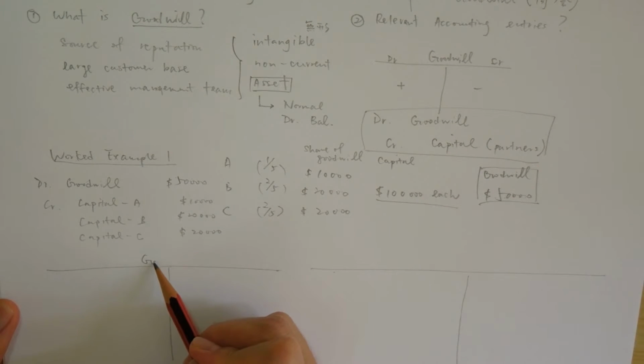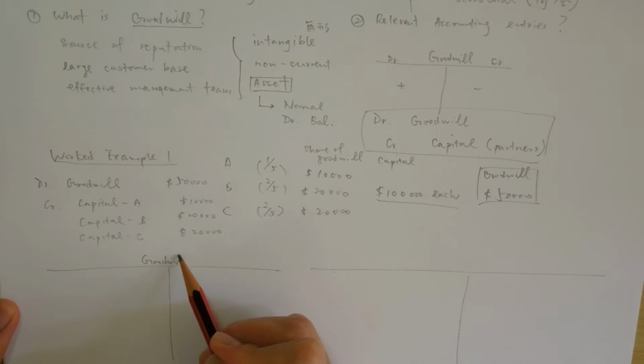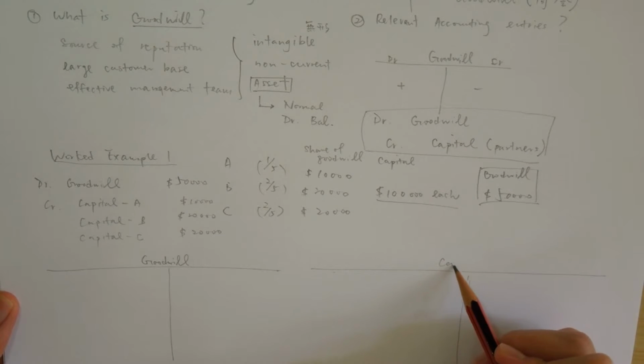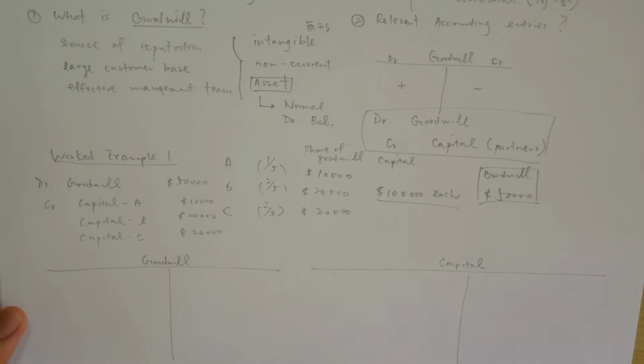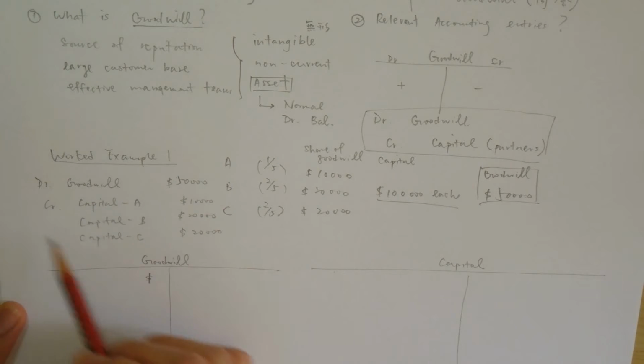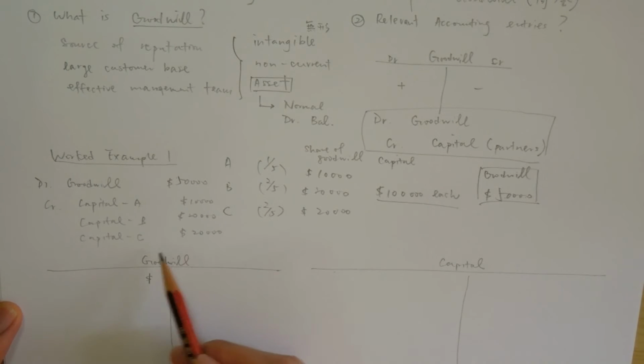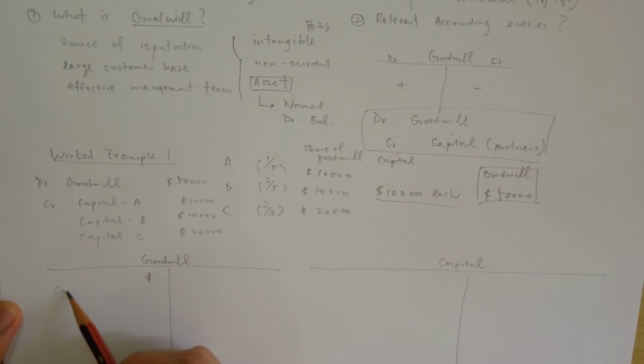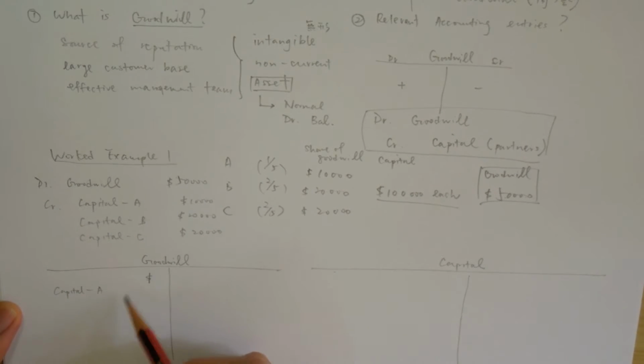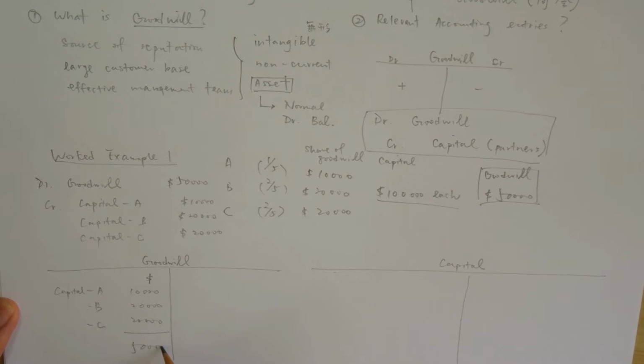The first one is the goodwill account, and the second one, of course, is the capital account. First deal with the goodwill. The goodwill account entries here will be debit, right? Debit the goodwill account. Therefore, here we write capital A 10,000, B 20,000, and for C also 20,000, and the total will be 50,000.